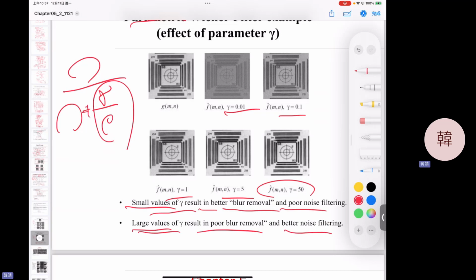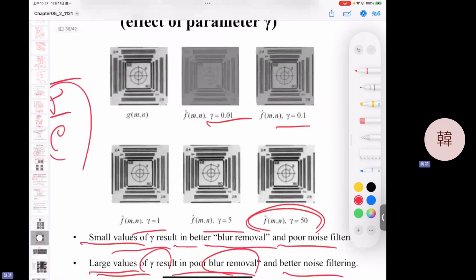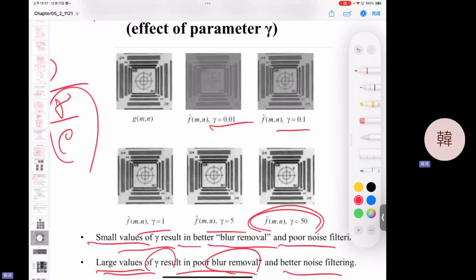It just takes away the noise as much as possible, but unfortunately your blur removal performs not good. So if your gamma is small, the noise content will be magnified a lot. But if gamma is large, no noise, but blur function removal is poor.